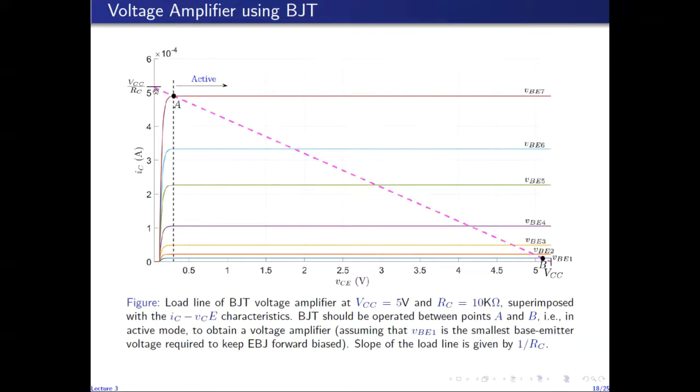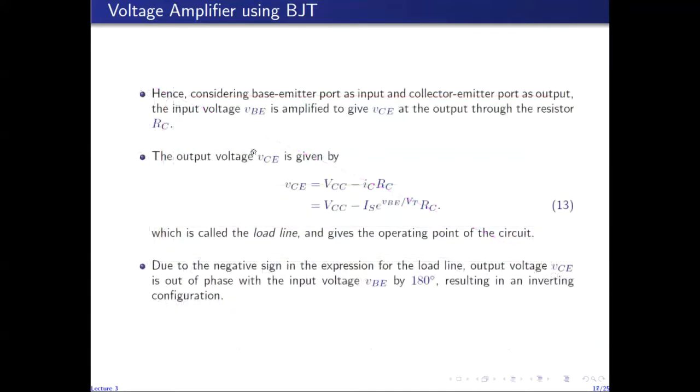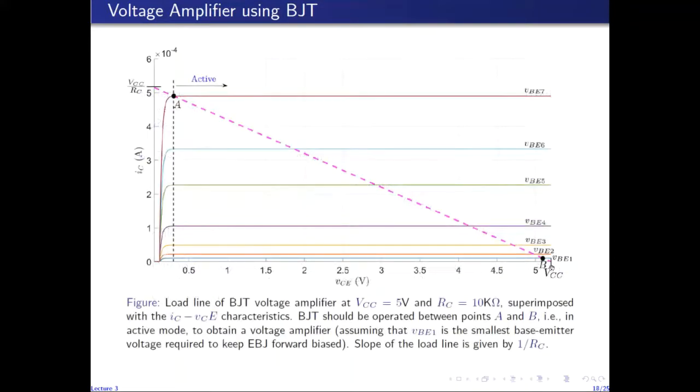So as mentioned before, the operating voltages and currents of the voltage amplifier will always lie on this load line. So when IC is 0, VCE becomes equal to VCC, that is this point here. At this point, IC is 0 and the output voltage VCE is equal to VCC.